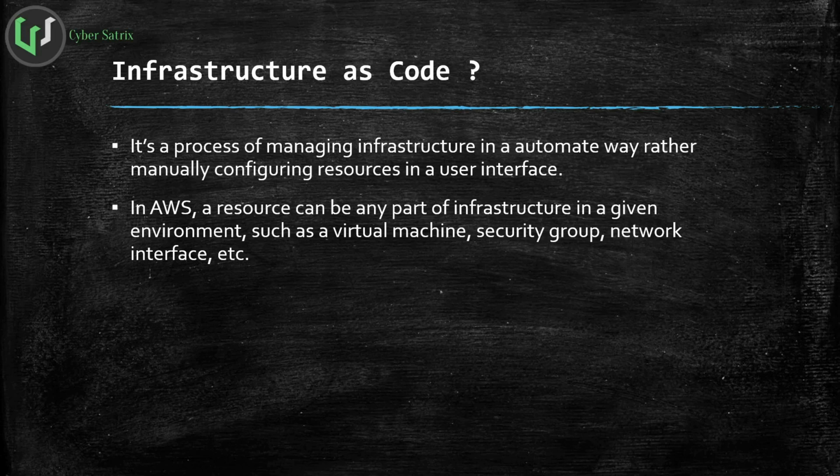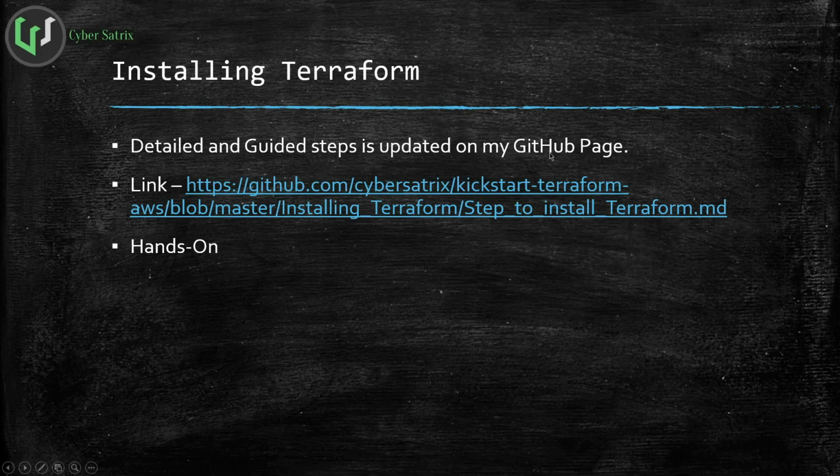In the example which I just mentioned, the resource is a virtual machine in the AWS environment. In a similar way, the resource can also be a security group, a network interface, or an elastic load balancer. Moving forward, the link provided here consists of the steps that one needs to perform while installing Terraform.